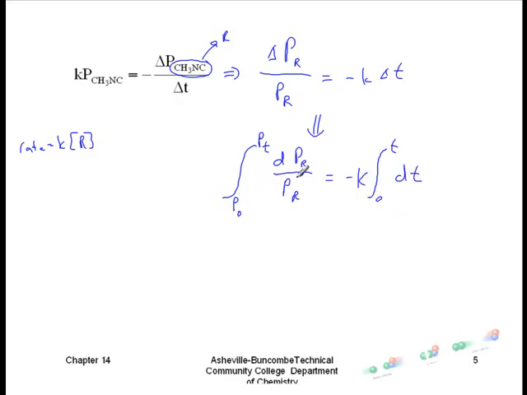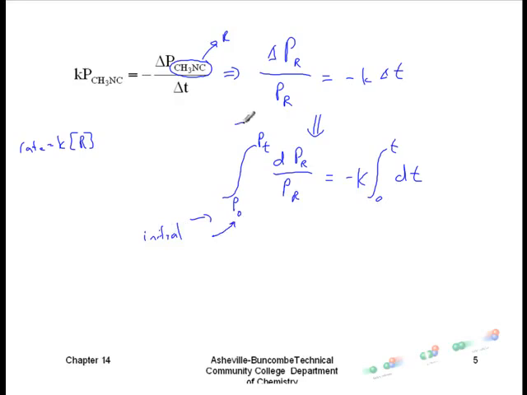What I'm doing is I'm integrating this expression over, well, this is the initial partial pressure, or the initial concentration. Again, the book uses a concentration, but they can be interchangeable. And the way we know that it's initial is that we're using a sub naught there, a 0 at the bottom.